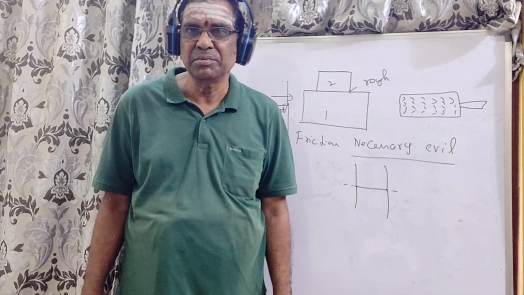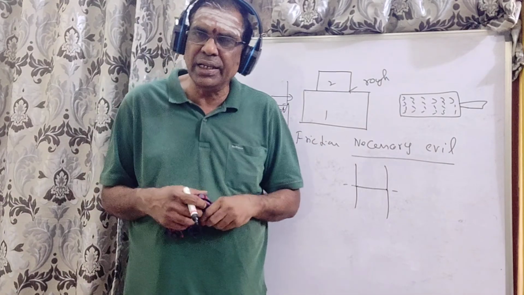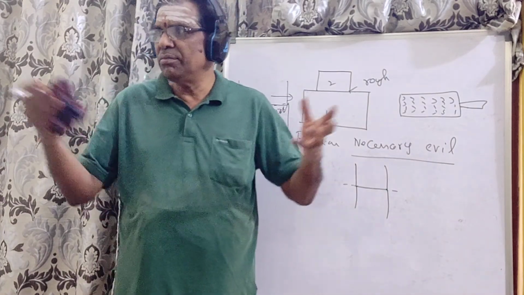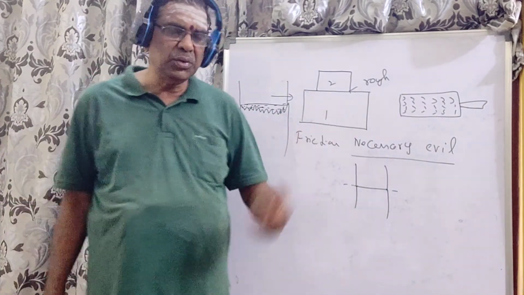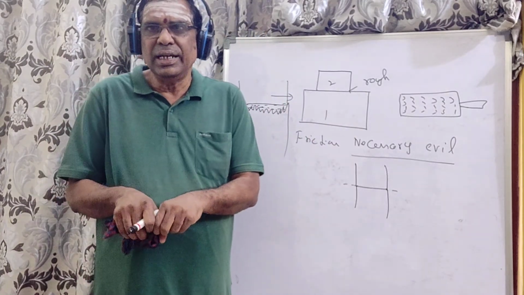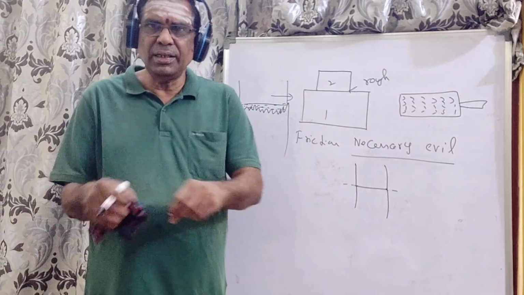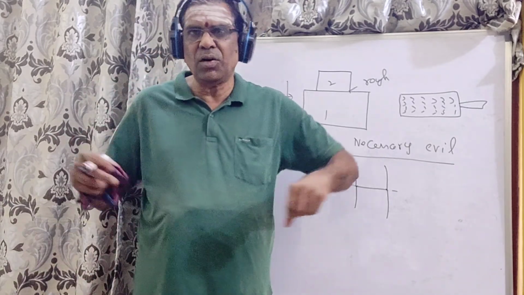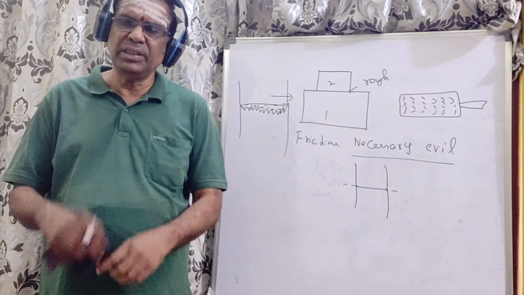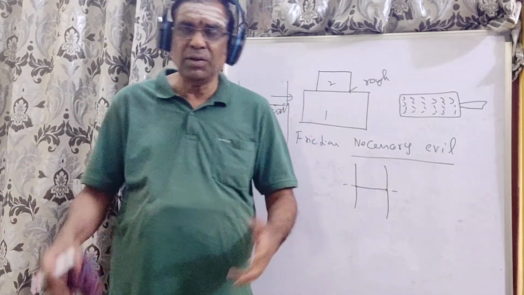In fact, when you want to attach two bodies, what do you do? Practically you go to some welder and he will heat it and then bring them together. And the moment they are brought together, he again cools it off, so that at the time when it was very hot, they get stuck to each other. And this is how welding is done. Or you put some material and all that.